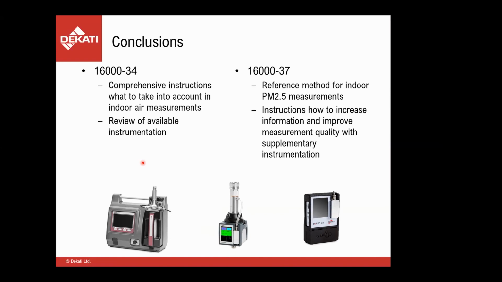And then we have part 37 that describes the reference method for indoor PM2.5 measurements and has instructions on how to use the supplementary instrumentation to increase the measurement quality and also to increase information, for example, from different sources. So that was my last slide.